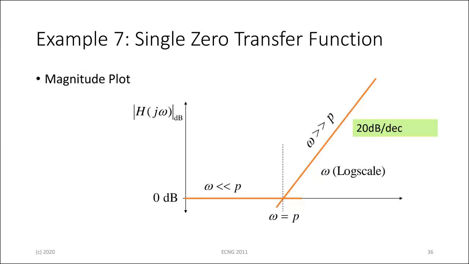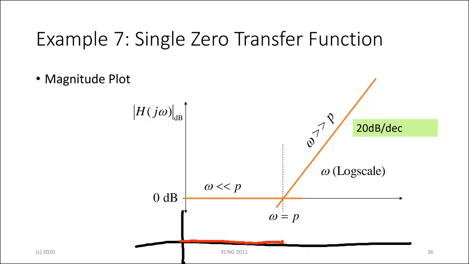Okay, so it's going to give you this now, which is the opposite of the single pole transfer function. And of course, the phase now, if you were to plot the phase, as you would expect, the phase now will be 0 up until the corner frequency.